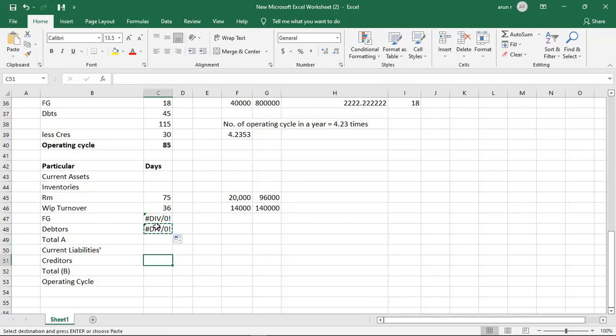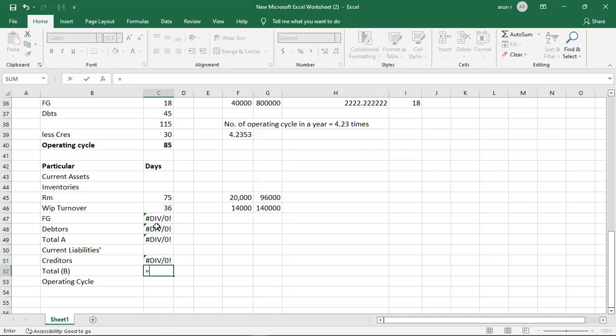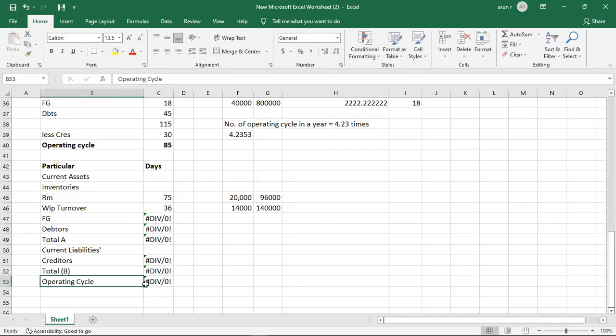Equal to this plus this plus this plus this equals this minus this. You understand that? A minus B.